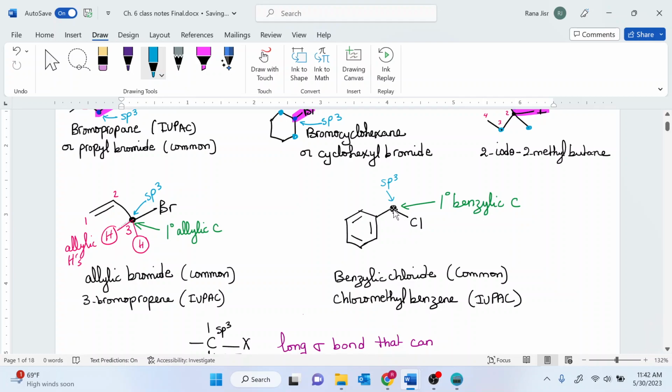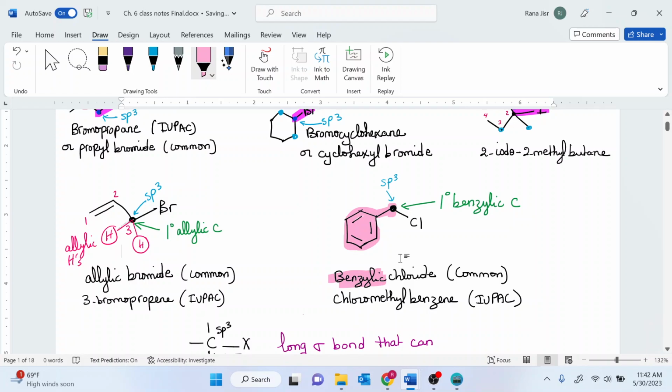So here, benzylic is a benzene connected to the carbon. When I say benzylic, I mean all this portion in here, the benzylic carbon included with the benzene. This whole thing is named benzylic. So this is going to be benzylic chloride or benzylic bromide, depending on the halogen that is connected.